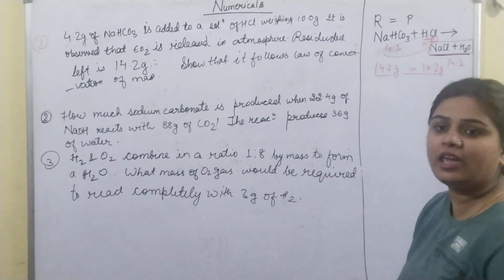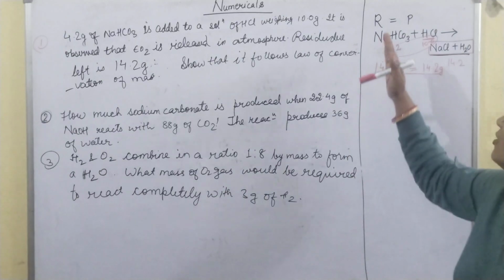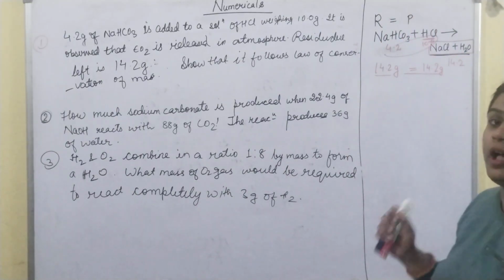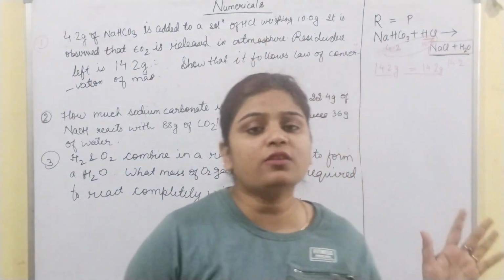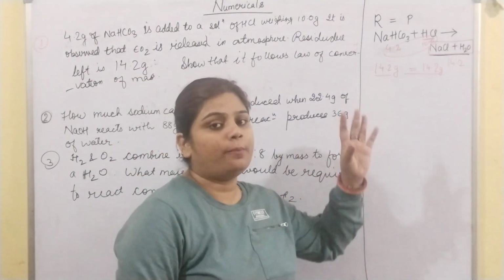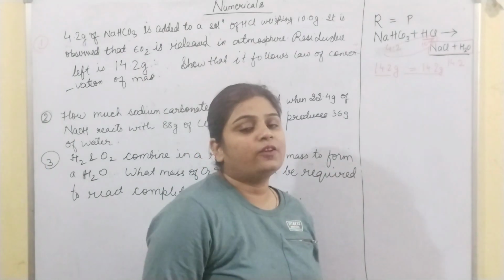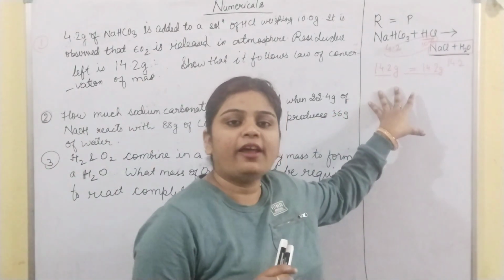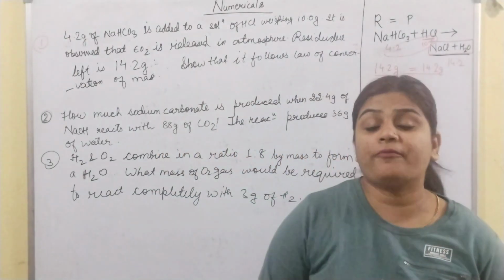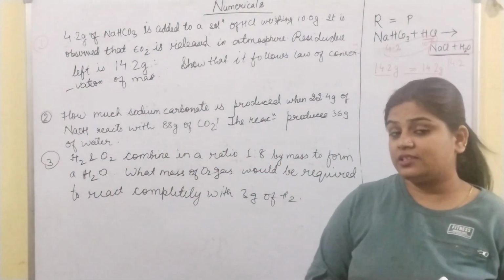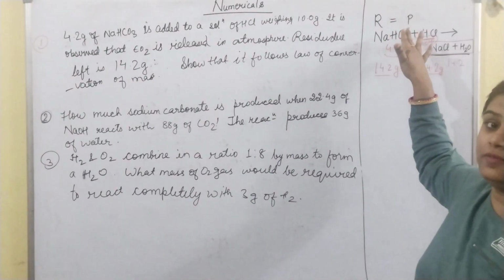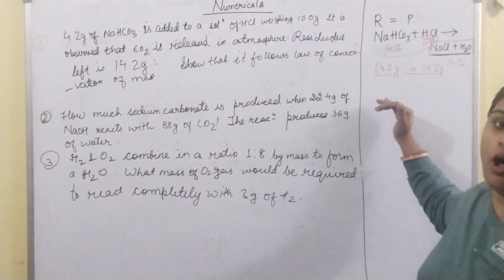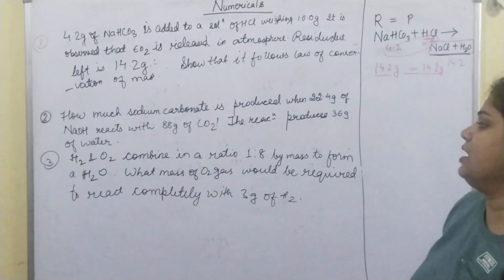Here we can say that the mass of reactant is the same as the mass of product. That means it follows the law of conservation of mass. So you will write: since the law of conservation of mass says that the mass of reactant will be equal to the mass of product, it follows the law of conservation of mass.